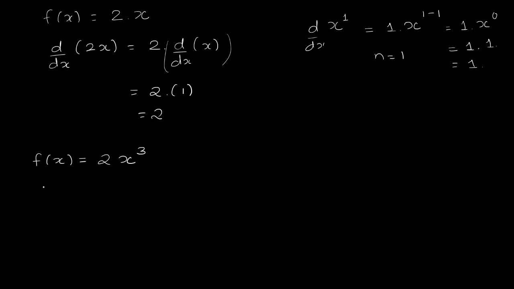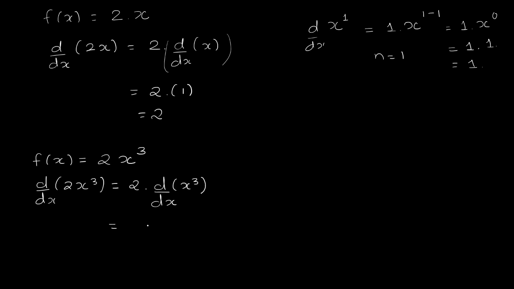Now let's take an example of f of x equal to 2x raised to 3, 2x cube. Now as I said, d by dx of 2x cube: 2 is coming outside, it is a constant, but it is along with a function of x, that's why 2 will come outside. What remains is d by dx of x cube.